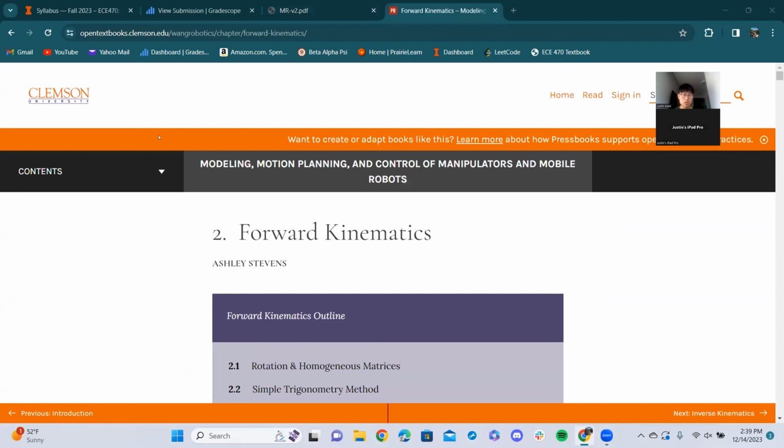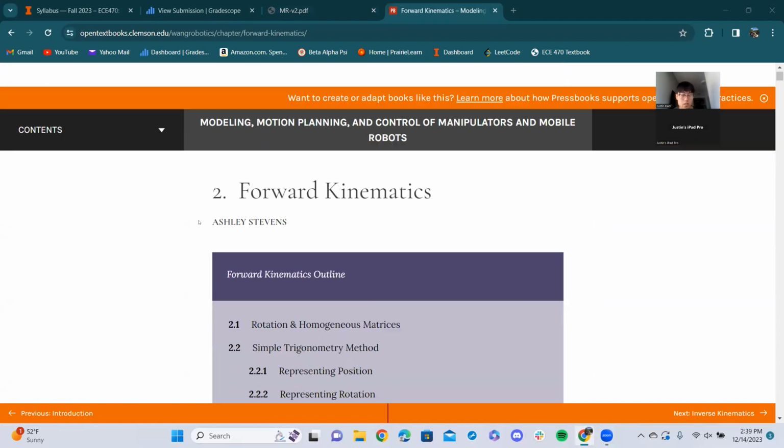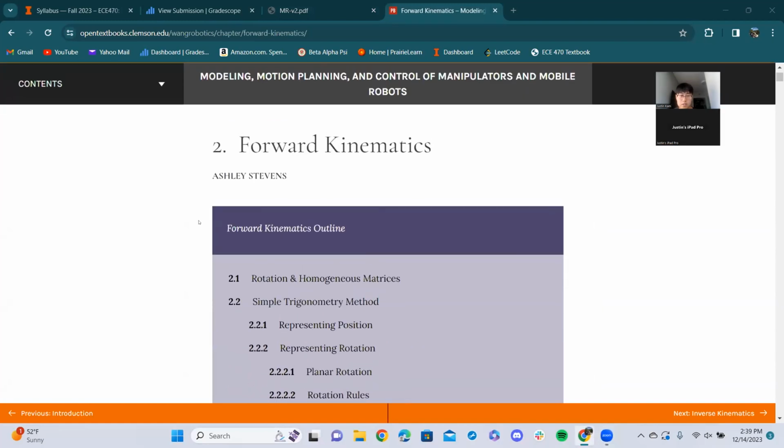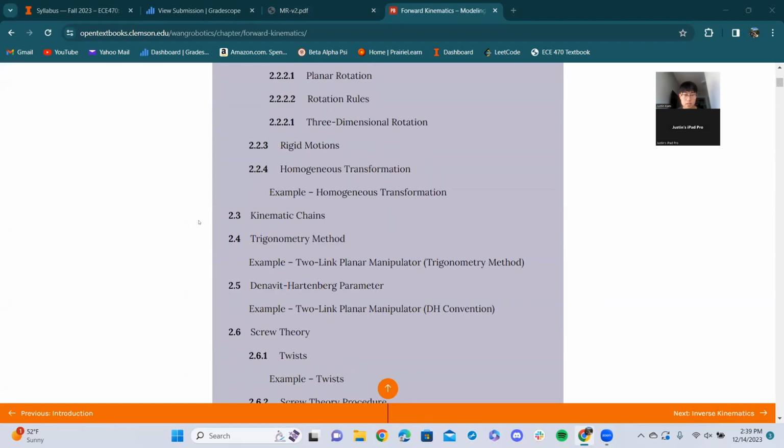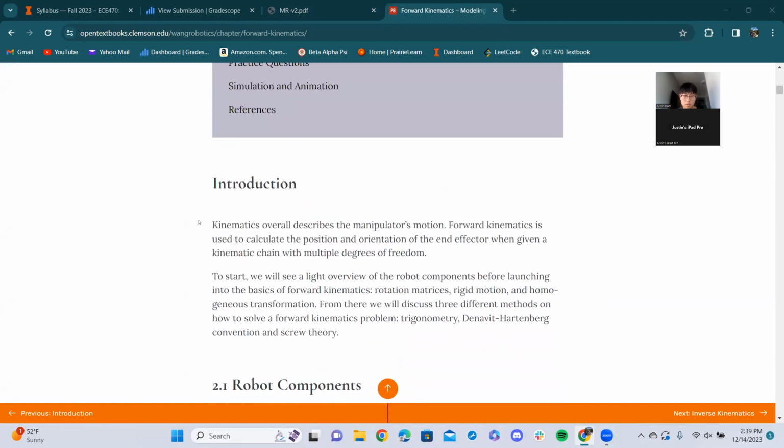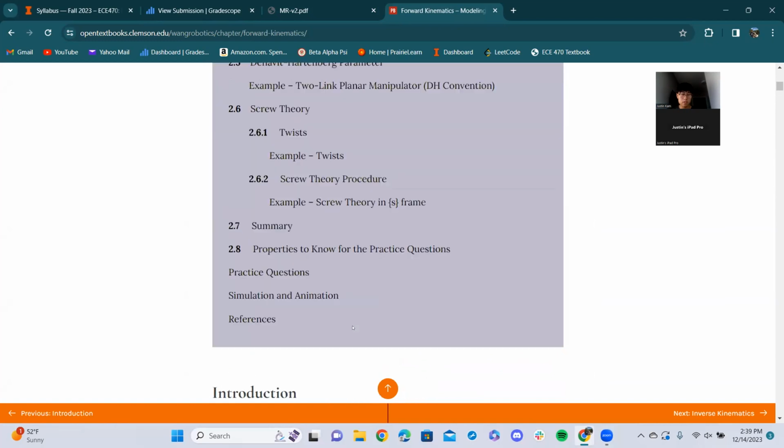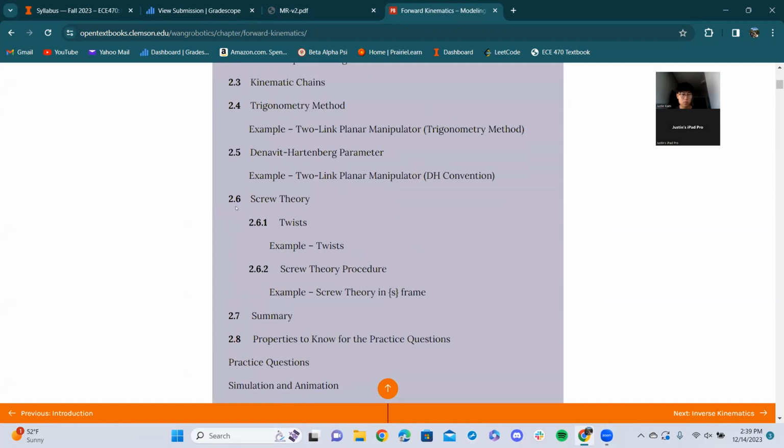So this is a textbook from Clemson University. There's actually a lot of different ways to solve forward kinematics. There's the trigonometry method, the Denavit-Hartenberg convention, and the screw theory. We learned about these other methods in class, but for this example, we use the screw theory method. So we can see that that's going to be in section 2.6.